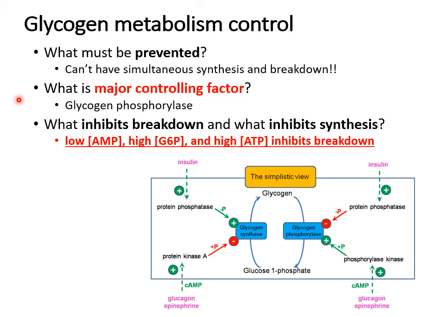So make sure you write down that synthesis is inhibited by high AMP, low G6P, and low ATP. Because at that point, if you have low ATP, you're not going to want to make more glycogen. You're going to want to start breaking it down to get energy, right? Because by that point, you're low on the products that you would want. So then you're going to want to break down and not synthesize.